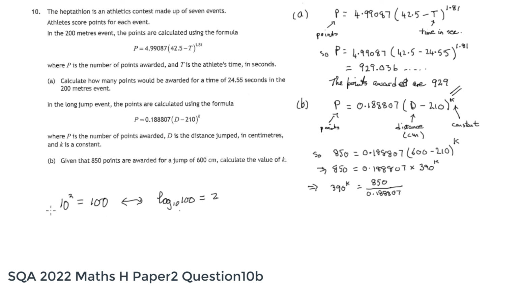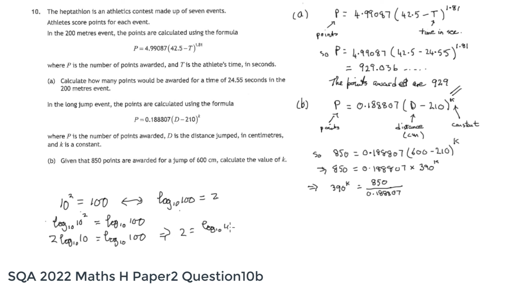Now one way of getting that is to take the log of both sides. This is log to the base 10 of both sides. And we know that 2 comes down to the front, we would get twice log to the base 10 of 10 is equal to log to the base 10 of 100, and we would therefore find that 2 is equal to log to the base 10 of 100.